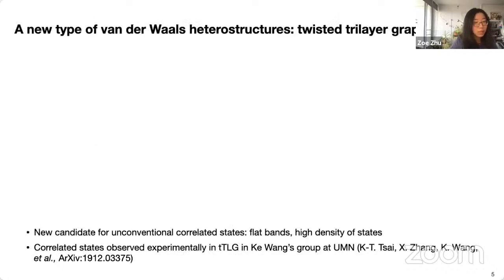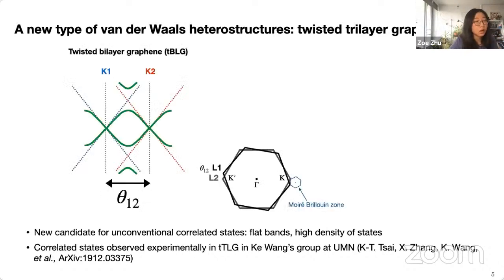So twisted trilayer graphene, the way we can understand it is through, again, this picture of interacting Dirac cones. And you've already seen this picture from Professor Katsura's talk yesterday.